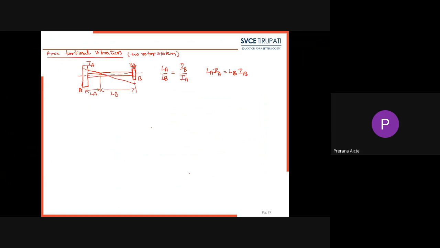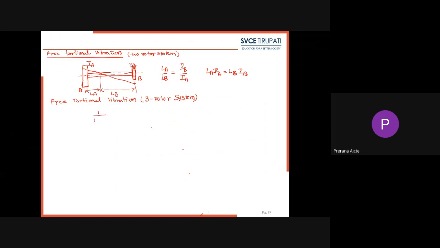For the three-rotor system, free torsional vibration can be written with a final equation.